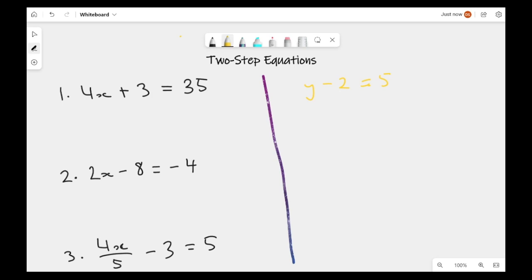In this example, we expect y would be greater than 5 because it's a number that when 2 is subtracted from it, gives 5. So we'd expect y to be 2 greater than 5, which is 7.